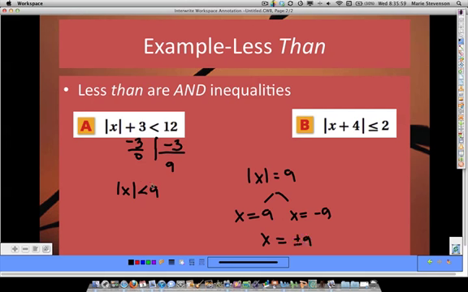We can't do that here. It's an inequality. It is a less than. So I'm still going to split it up, but watch what I do. The first one you can make positive, so x is less than 9. But when we do our second equation, we have to make this negative. Now let's think for a minute.